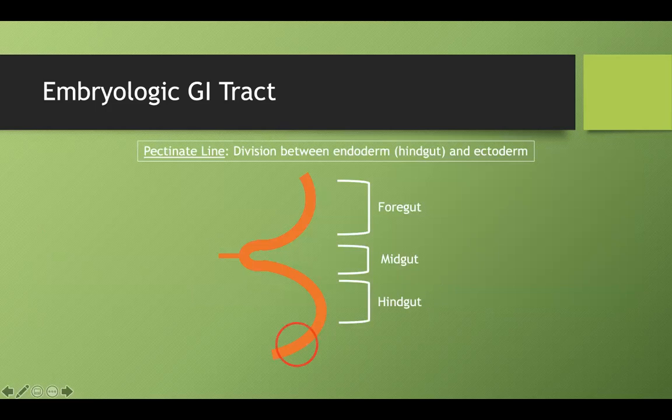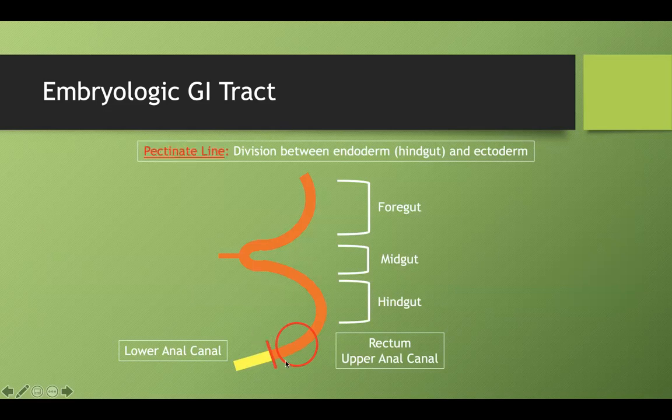So here's our hindgut I've circled, which will have our rectum and our upper anal canal. Keep in mind, though, that we have other tissue that's not technically part of our embryologic GI tract that needs to connect here. And this will comprise our lower anal canal. And this line right here that divides these 2 different embryologic regions is known as our pectinate line.